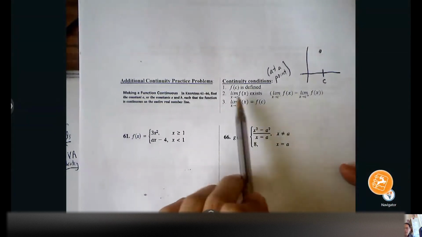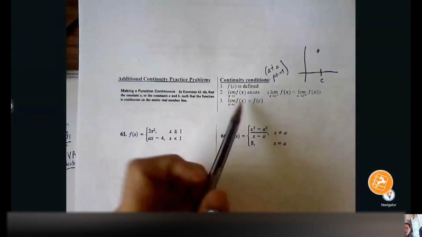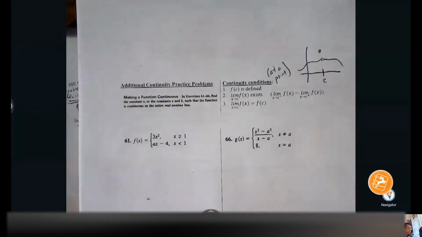Okay. Does the limit exist? That means, is the graph on either side of c going to be moving towards the same y value? If we can pick points on both sides and they're both pointing towards the same y value, we know the limit exists.